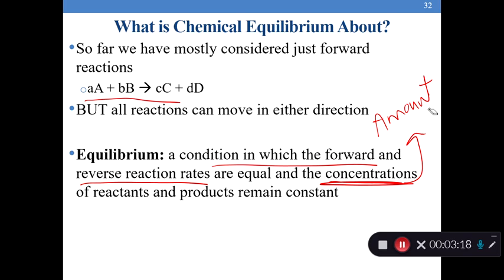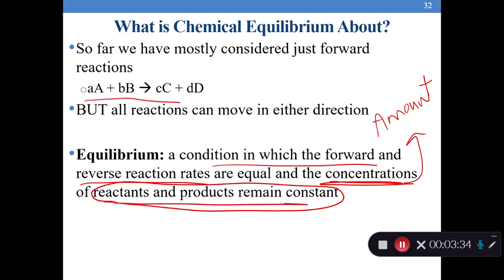Okay? But ultimately, the amount of reactants and products remains constant. Okay? So any kind of reaction or system at equilibrium is one where you have a constant amount of reactants and products. That doesn't necessarily mean that they are equal. That doesn't mean that they're all, for example, 0.1 moles of A, 0.1 moles of B, 0.1 moles of C. But it just means that they remain constant.